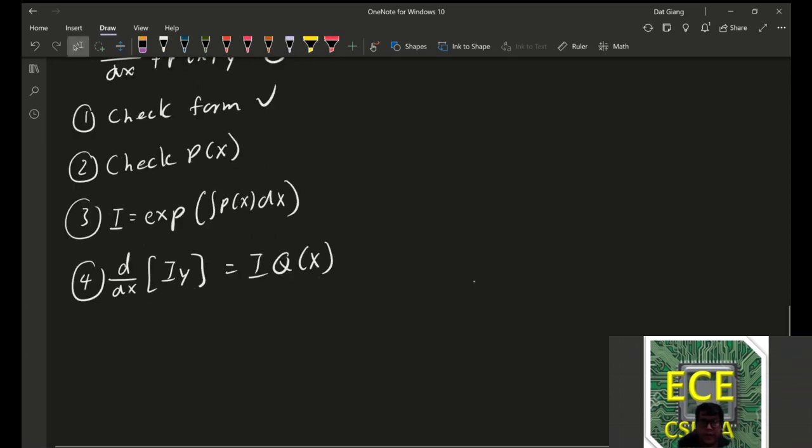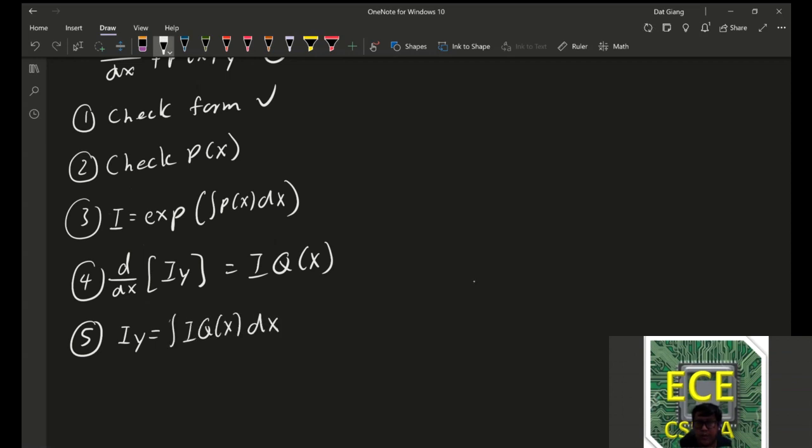And then number 5, find I y equals the integral of I q of x dx, which is equal to some answer 1 plus c.